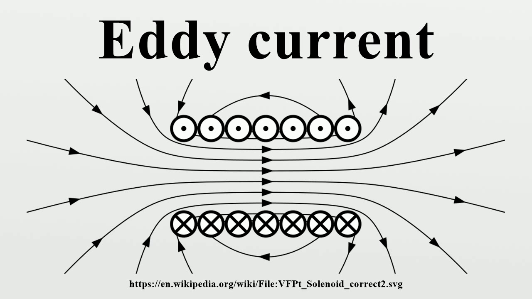The conversion of input energy to heat is not always undesirable, however, as there are some practical applications. One is in the brakes of some trains, known as eddy current brakes. During braking, the metal wheels are exposed to a magnetic field from an electromagnet, generating eddy currents in the wheels.